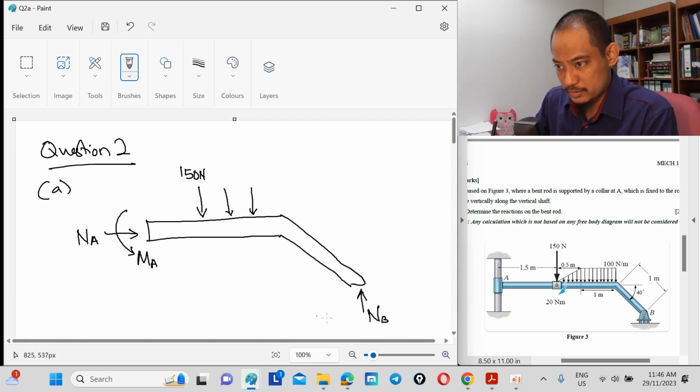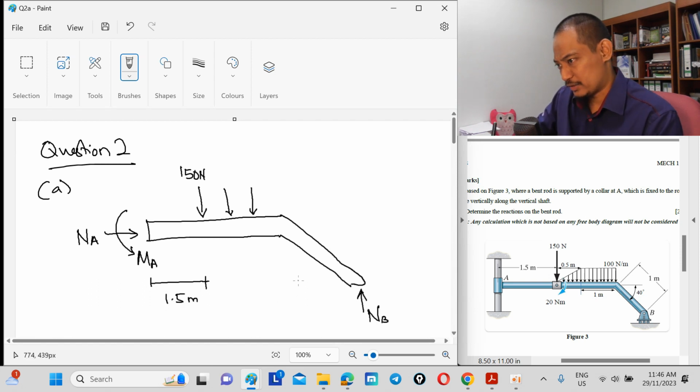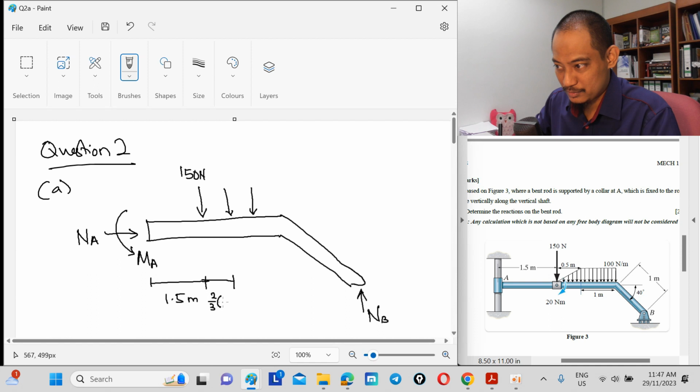So in terms of the distance, this is 1.5 meter. For the rectangle, this value, normally I hate when the lecturer gives values like this, because it becomes 2/3 of 0.5, right?